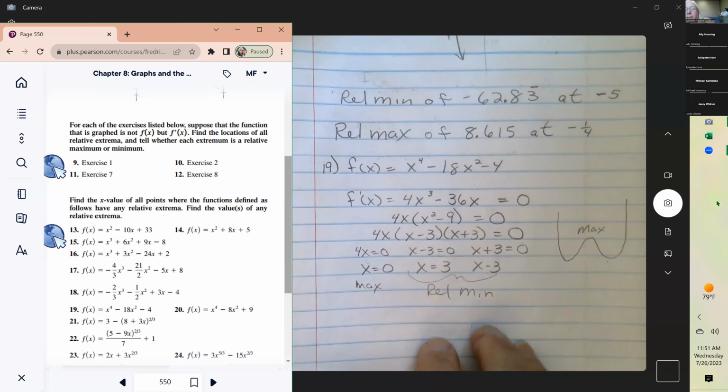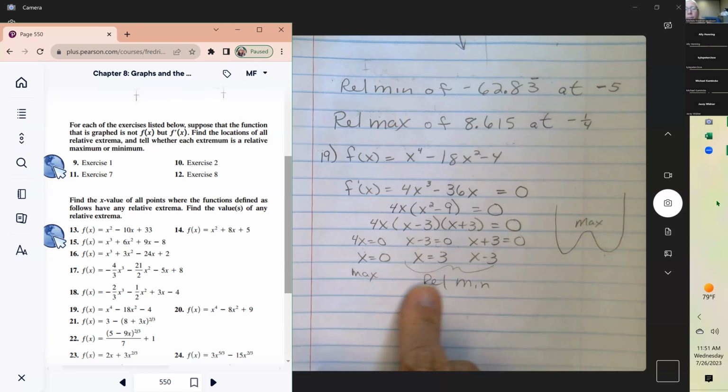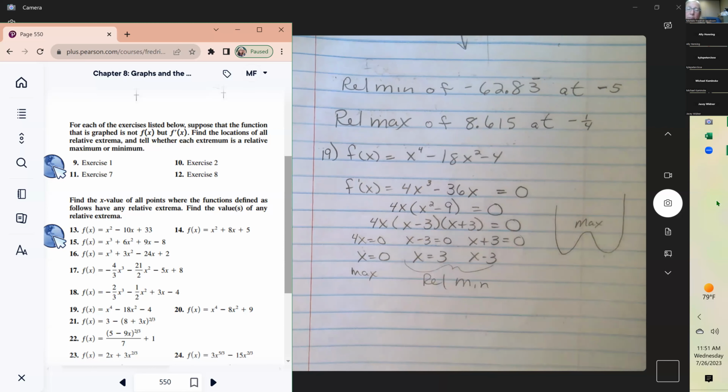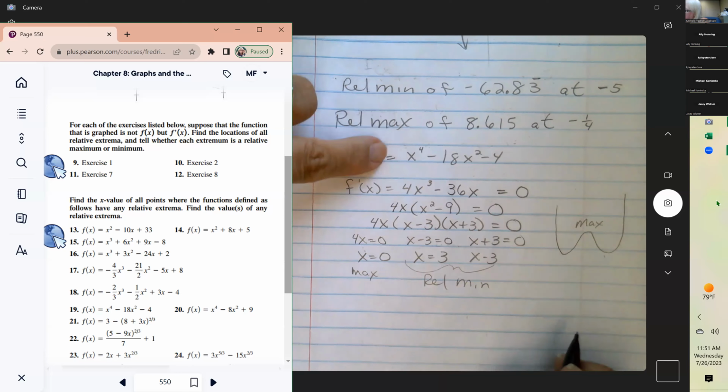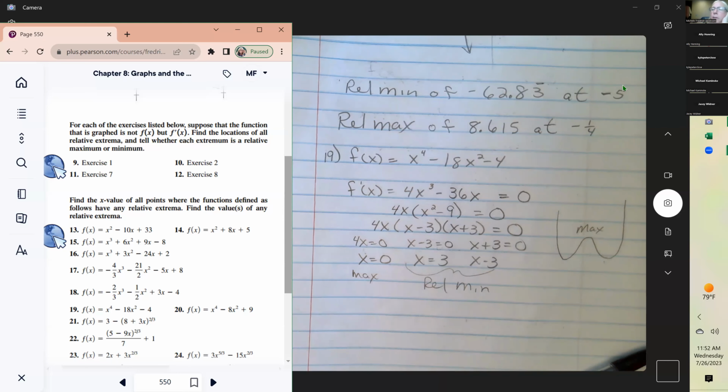You can plug these into the original, so always go to where the derivative is, and the one before that, that's the one you plug into. You can plug it in here, or we could graph it. Since we graphed the other one, I guess we'll graph it.